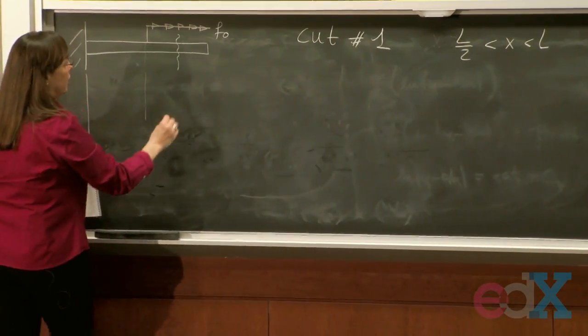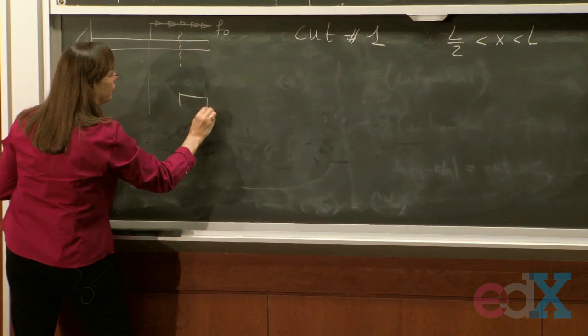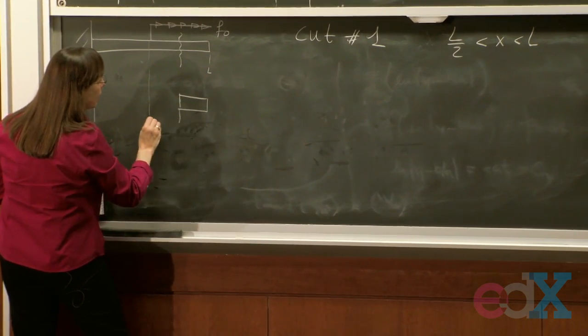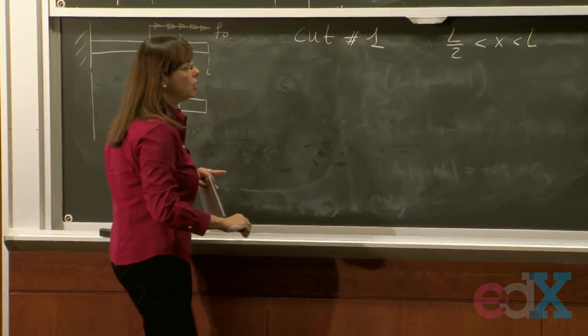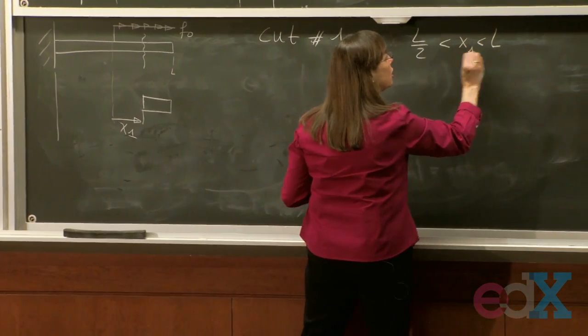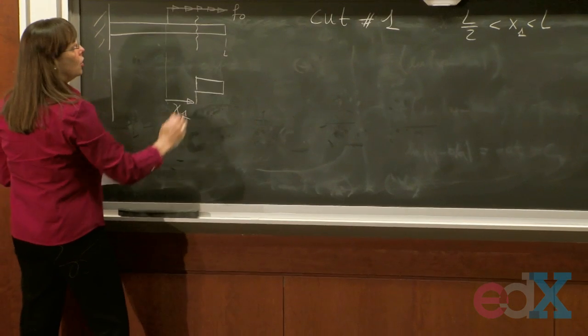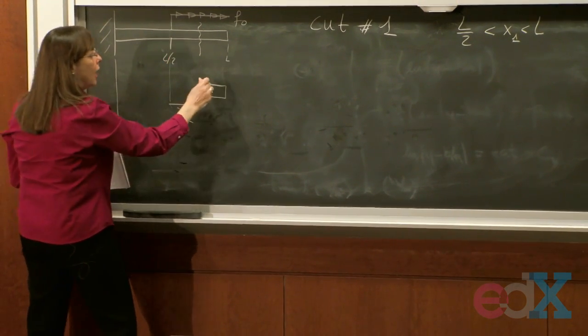So if we cut here, we have this little bar left over, and remember, this always goes all the way up to L. So I'm cutting at an x. Let's call it x1, because this is our first cut. So we cut at a certain distance from the wall x1, which is bigger than L over 2, but less than L. And here is what I see.